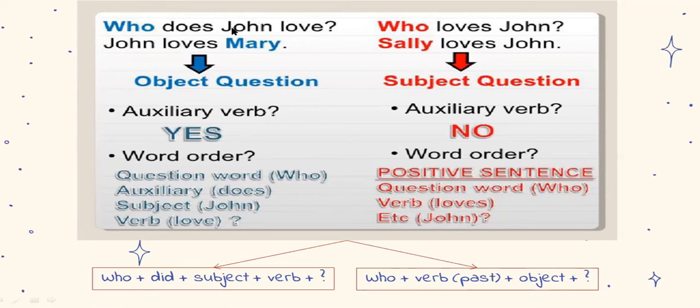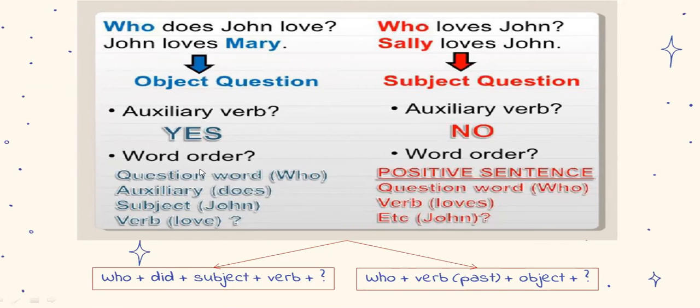It's the one that receives, okay? So when we have an object question, we need an auxiliary verb. In this case, we are going to need the auxiliary verb did because we are working with past simple, okay? So when we want to ask an object question, we need an auxiliary verb.